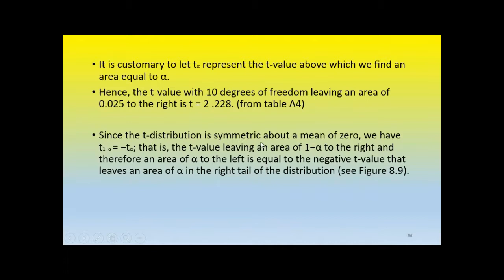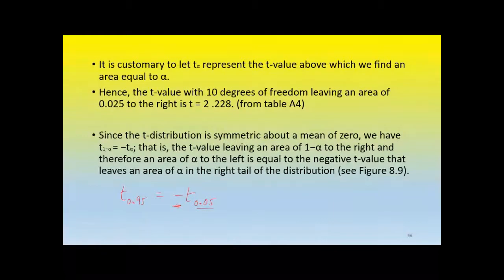Since the T distribution is symmetric about the mean of 0, we have T 1 minus alpha equal to minus T alpha. If you are looking for 95% area on the right side, the T value for which 95% area is on the right side is equal to the negative T value for alpha, for which 0.05 area is on the left side.